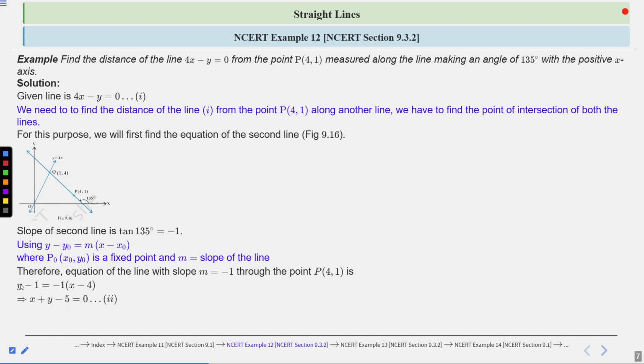And now if we rearrange this equation, then we will obtain x plus y minus 5 equal to 0. Okay, and naming this equation number 2.